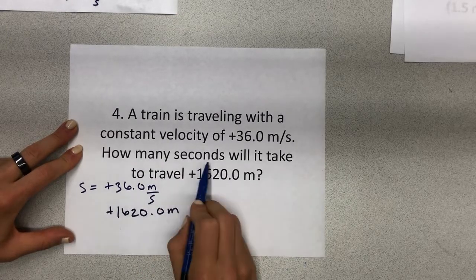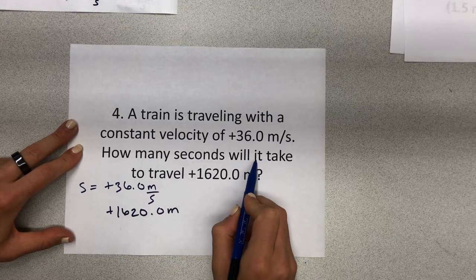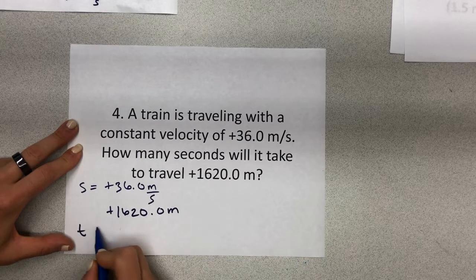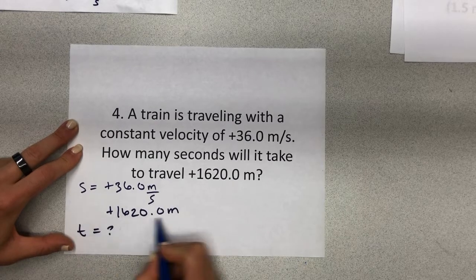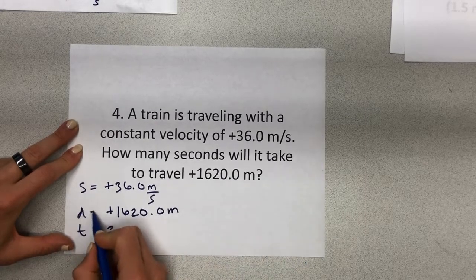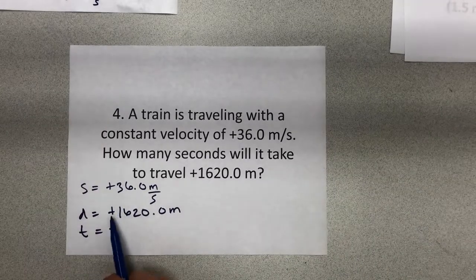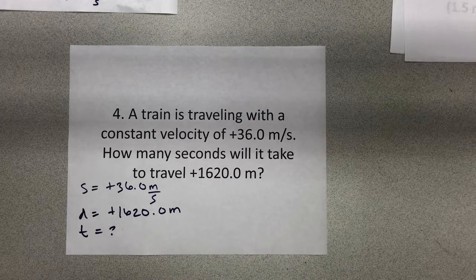And it says how many seconds. We're trying to find time. So time equals question mark, and we know that meters is distance. So we know our speed is 36 meters per second, our distance traveled is this, and our time is what we're trying to figure out.